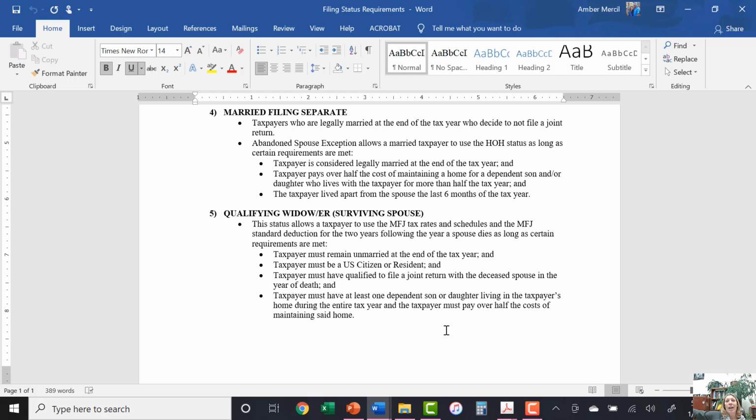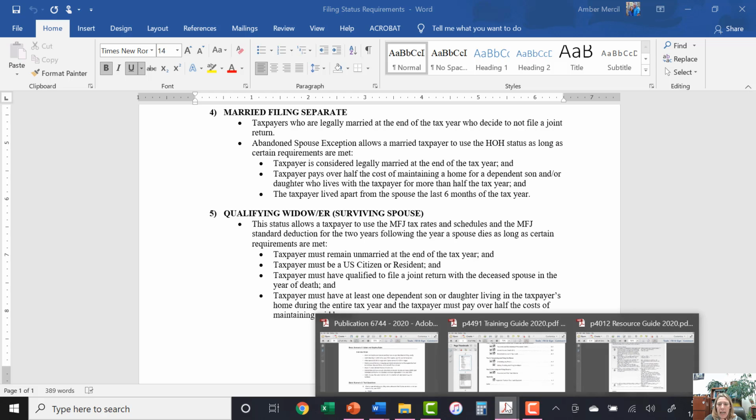After that, it comes back to regular rules: married filing joint, head of household, or single. So the qualifying widow or widower status is only to be used in the 2 years after the year the spouse dies, because in the year the spouse dies, they can still file married filing joint. So that's a quick rundown of the filing statuses.